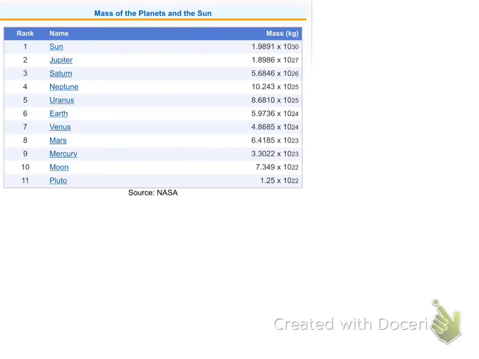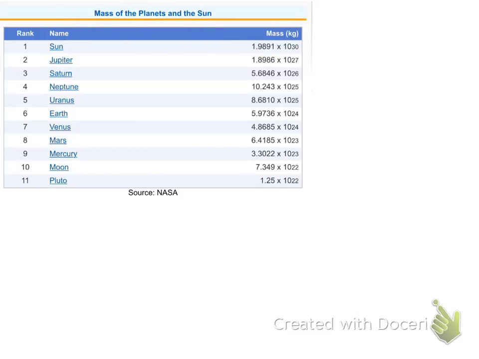Okay, so these are really large numbers. I clipped this picture off the internet, so the exponents look a little funky here, but I think you can figure this out. This is 10 to the 30th, 10 to the 27th, and so on. So the magnitude of these masses is pretty big, anywhere from the smallest of 10 to the 22nd up to 10 to the 30th for our sun, 10 to the 27th for Jupiter.